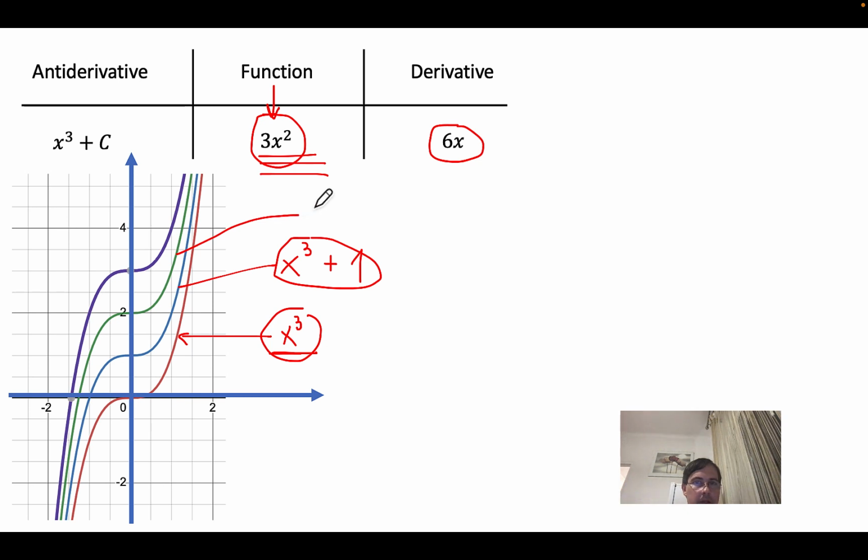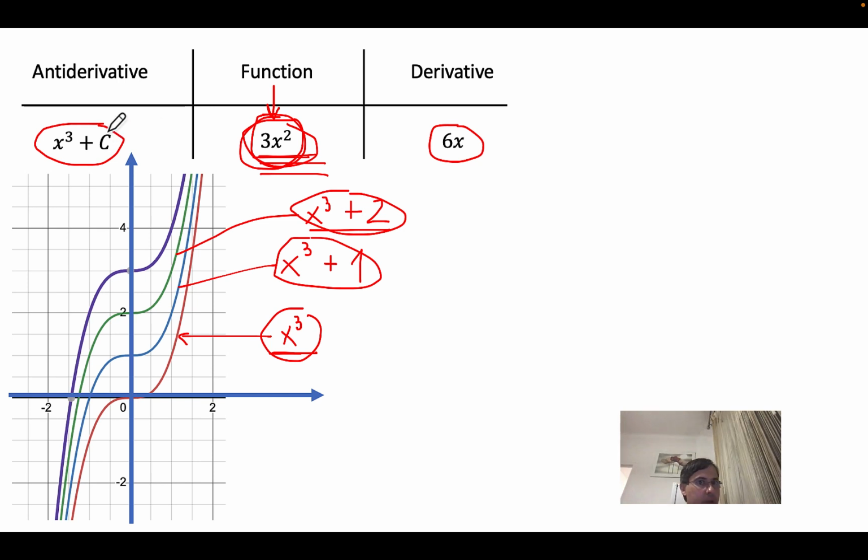This function is x cubed plus 2. And this is another antiderivative of 3x squared, because the derivative of x cubed plus 2 is exactly 3x squared. So in general, if we take any constant c, then the function x cubed plus c is going to be an antiderivative of 3x squared.